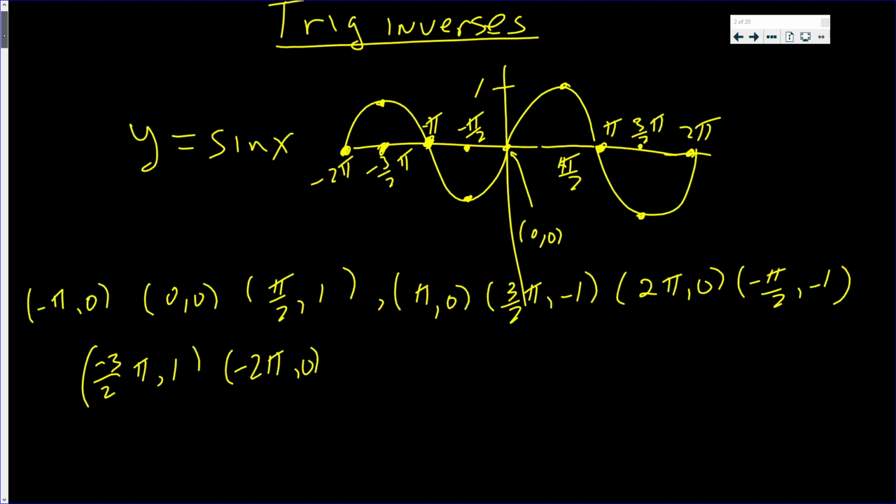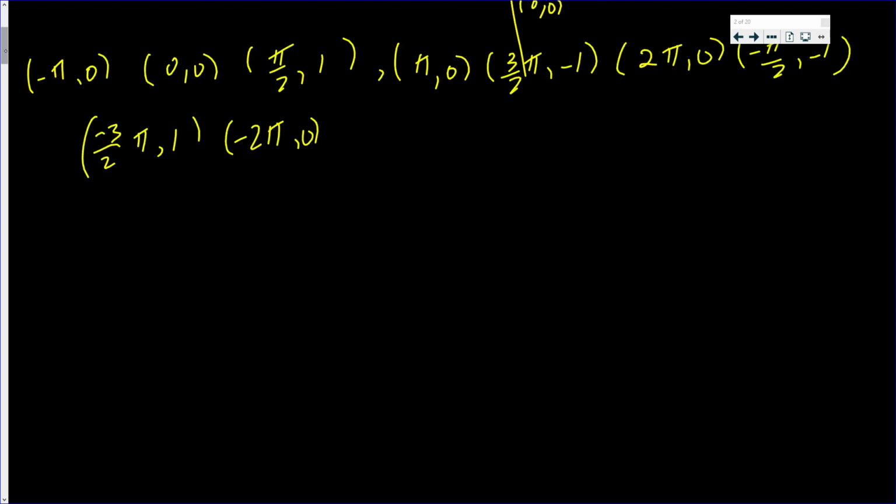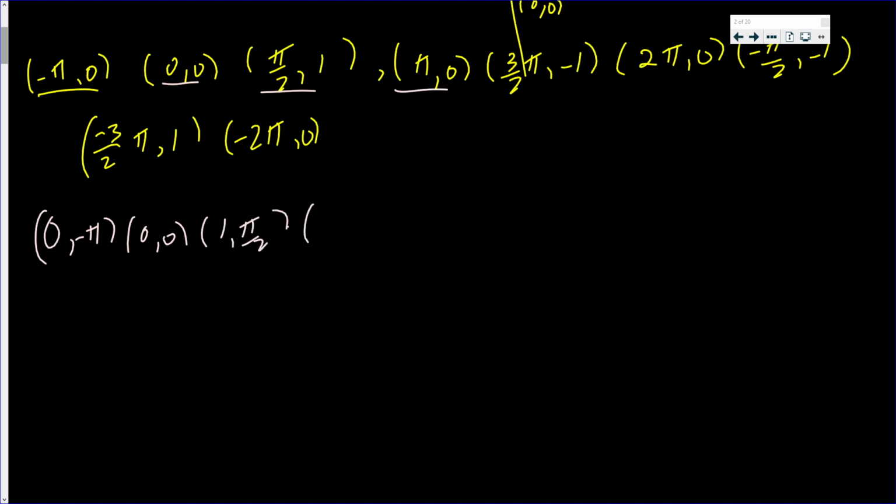Now, let us switch the x and the y's. If I do that here, using another color so we know they're different, I get 0, -pi. When I switch those two, I get the same. When I switch these two, I get 1, pi/2. Those two, I get 0, pi.